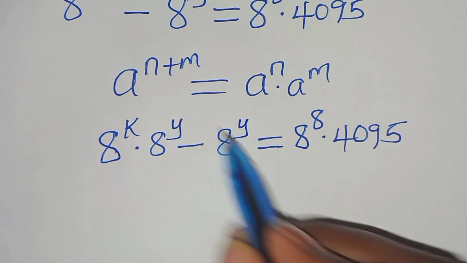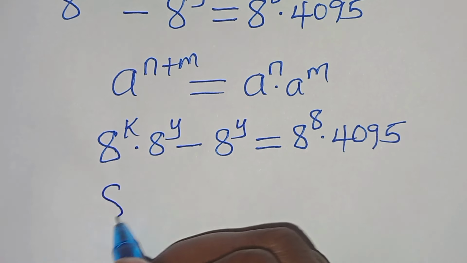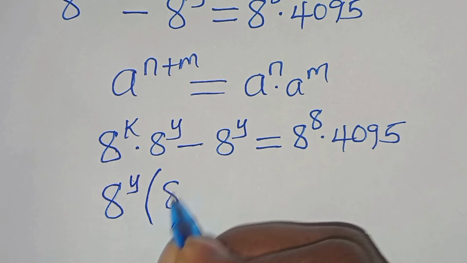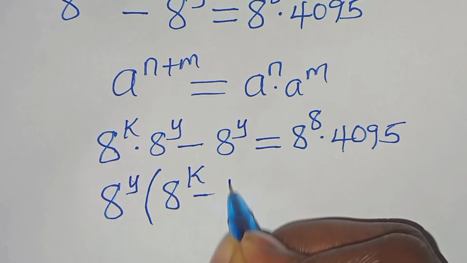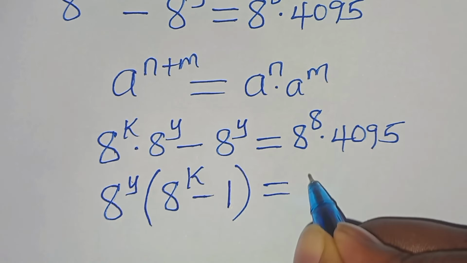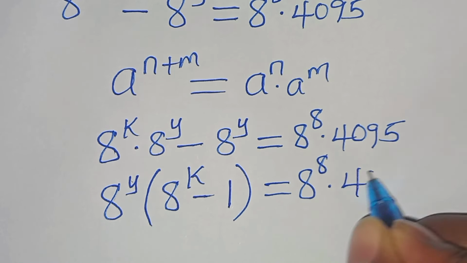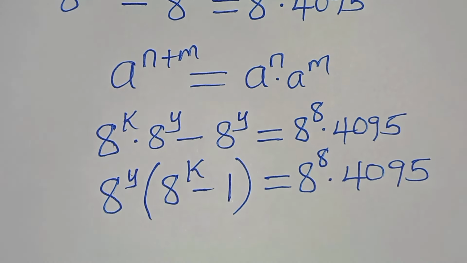So 8 to the power of y is common here. We can factor out 8 to the power of y, so that we have 8 to the power of k minus 1 equal to 8 to the power of 8 multiplied by 4095.